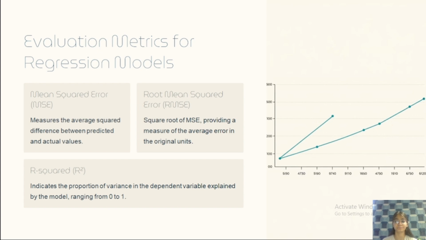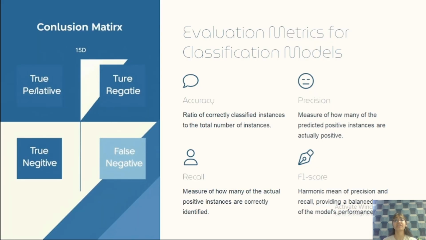Now we have evaluation metrics for classification models. Here we have accuracy, precision, recall, and F1 score. We'll discuss all of them one by one. First one we'll take is accuracy. It is the ratio of correctly classified instances to the total number of instances. The second one we have is precision.